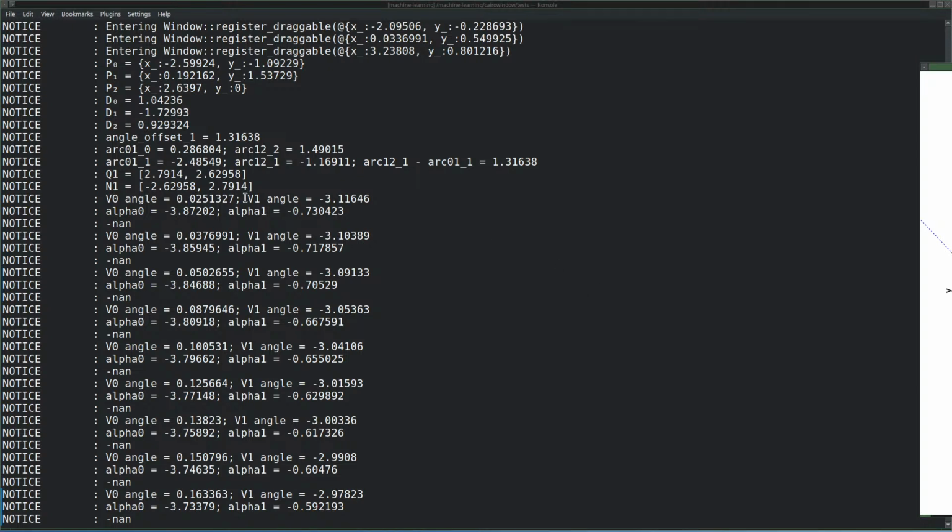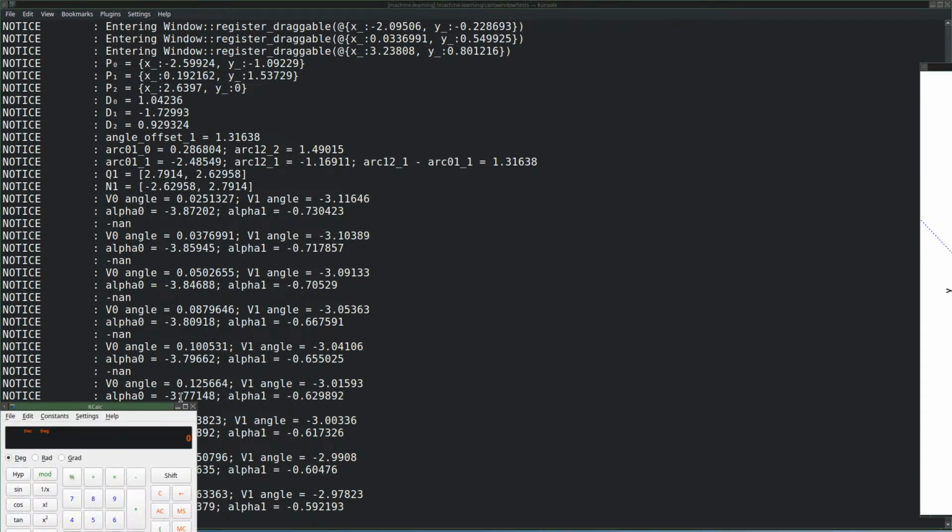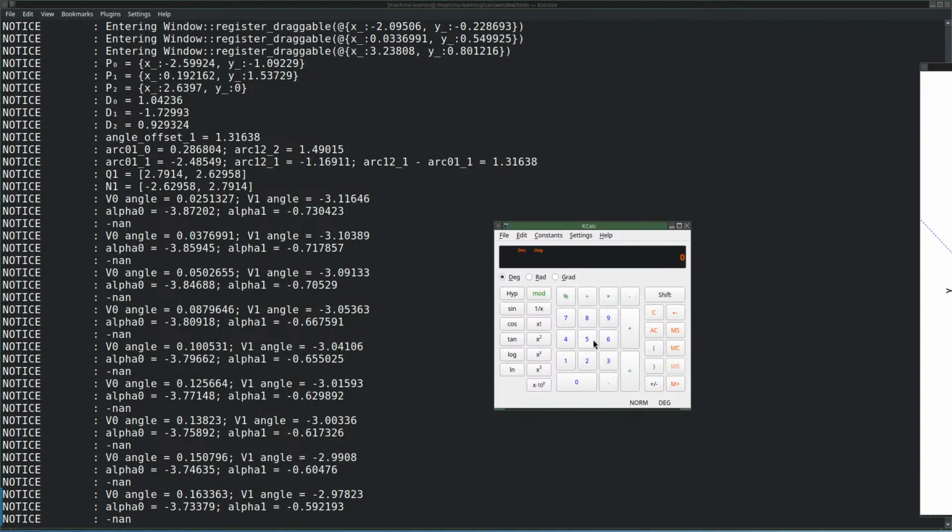Oh, they are opposite of each other. Oh, yeah, of course. So I have to add pi to one of them. Hello, Kyle. So if you add pi to this value, for example, then I get the other one, I guess, right?